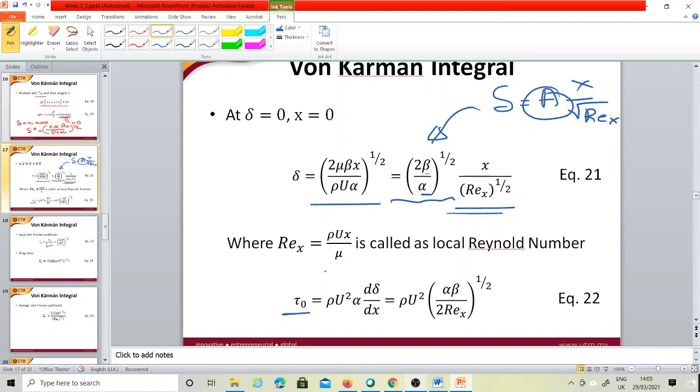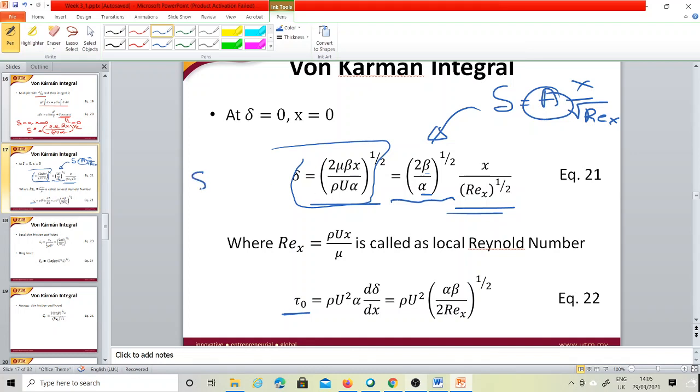the wall stress can also be written in this way. So you need to just differentiate delta with respect to x. Okay, so your delta is this one, just consider this one, and then you have root over x. So if you differentiate this one, you will have 1 over 2 root x. Okay, so I already tried.